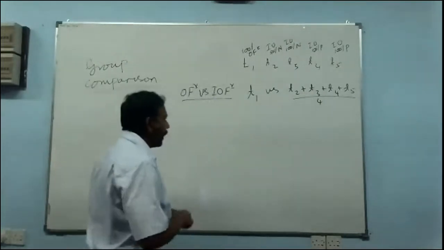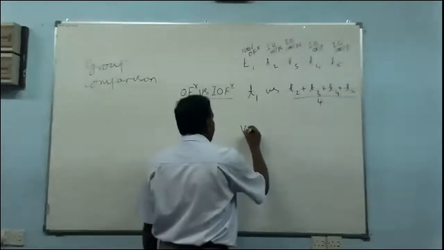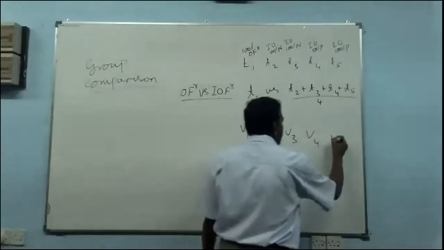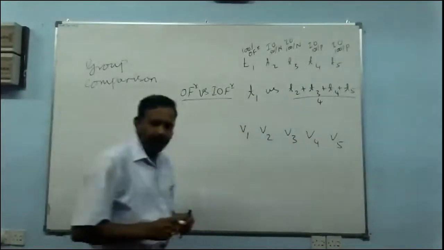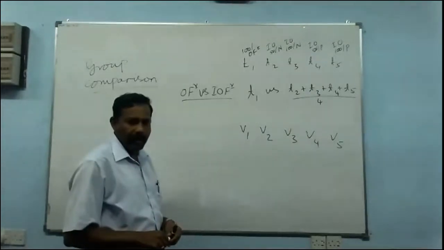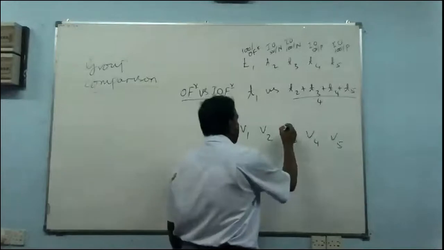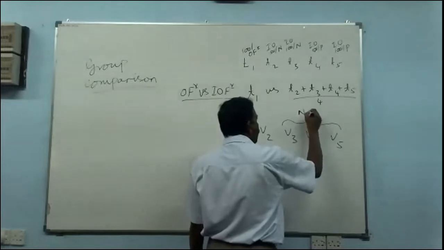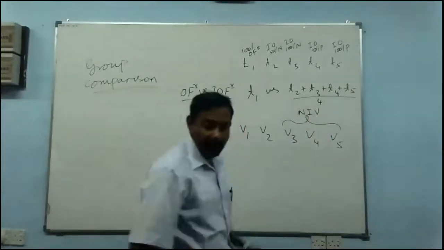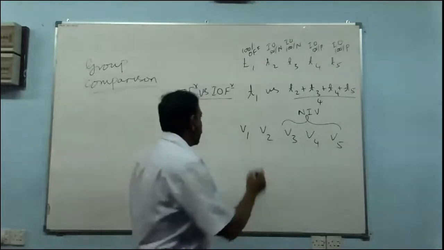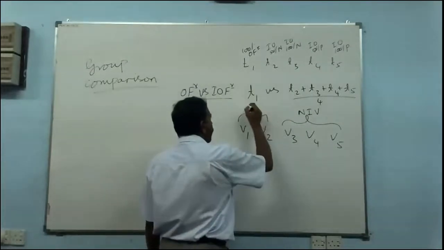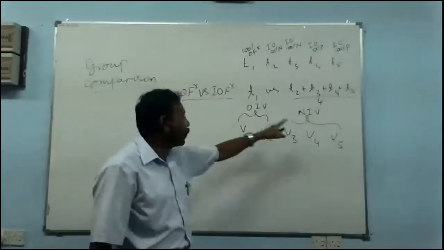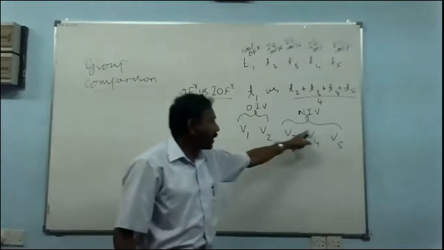Let's take another example. I take 5 varieties: V1, V2, V3, V4, V5. Let's say these three are newly improved varieties, and these two are old improved varieties.